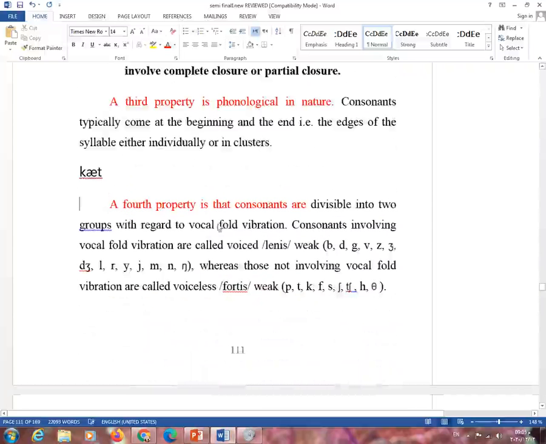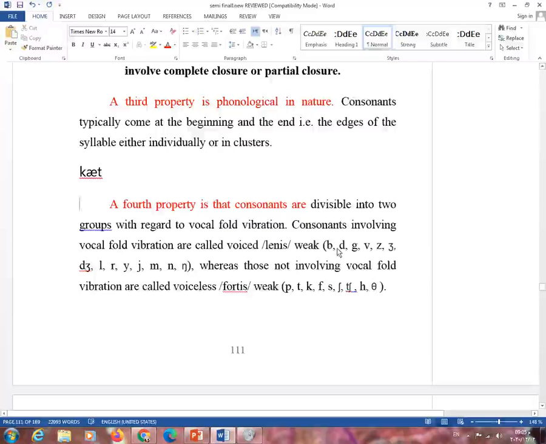A fourth property is that consonants are divided into two groups with regard to vocal fold vibration. You know that vocal fold vibration is essential to make voice. No voice without vocal fold vibration. So consonants involving vocal fold vibration are called voiced or lenis or weak consonants.